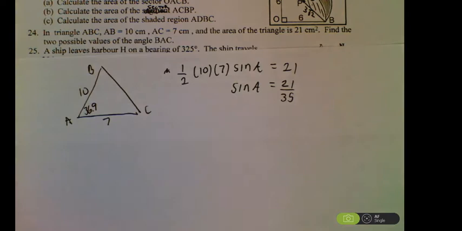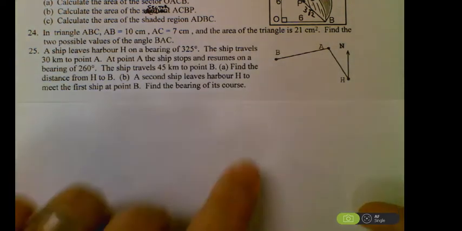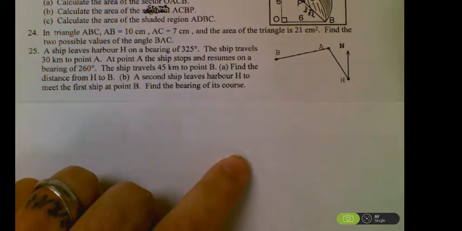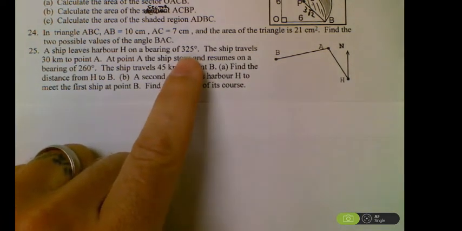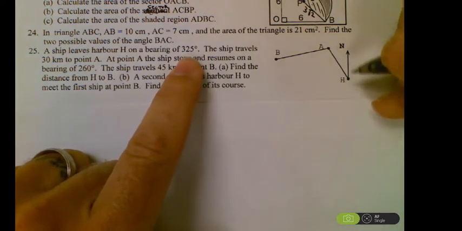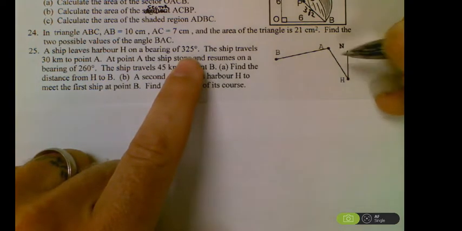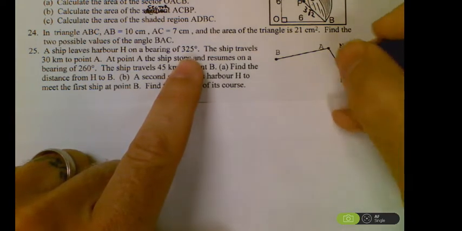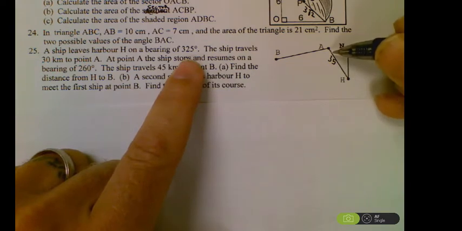And last one here, our bearing problem. This one was really nicely already laid out for us, so that really helps. A ship leaving the harbor on a bearing of 325. Remember, that's 325 from the north. So right here, if we're leaving the harbor 325 from the north and travels 30 kilometers to point A. And remember, this is from the north.